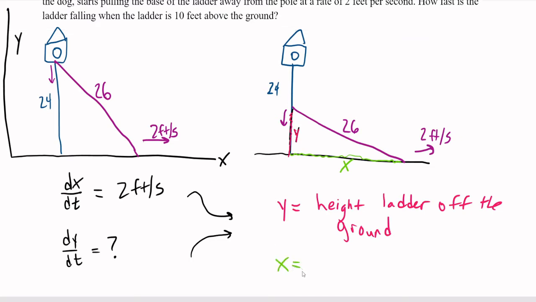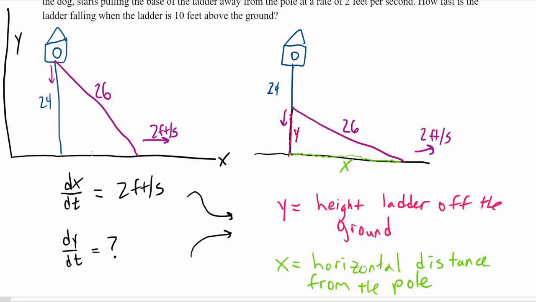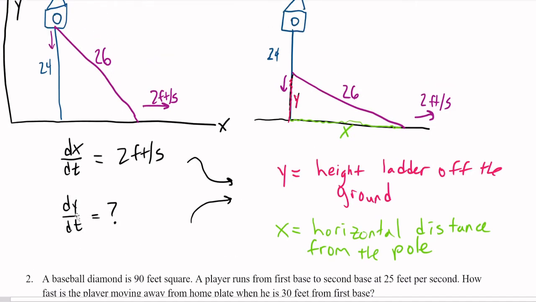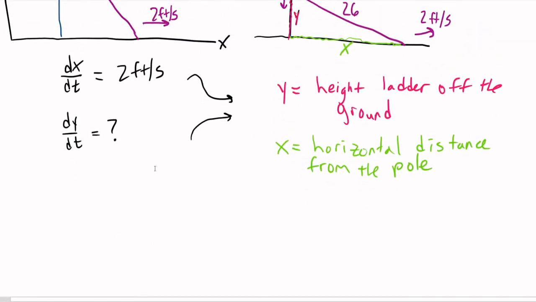X is going to be the horizontal distance from the pole. So this distance x, some number here, and then as the pole slides away, it's going to get bigger and bigger and bigger. We see that right here. That's not too bad. We saw that.